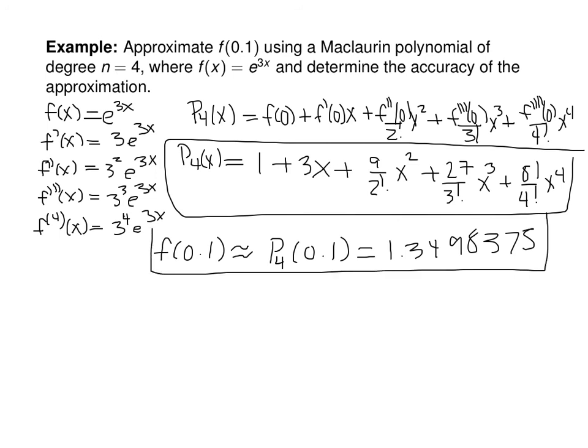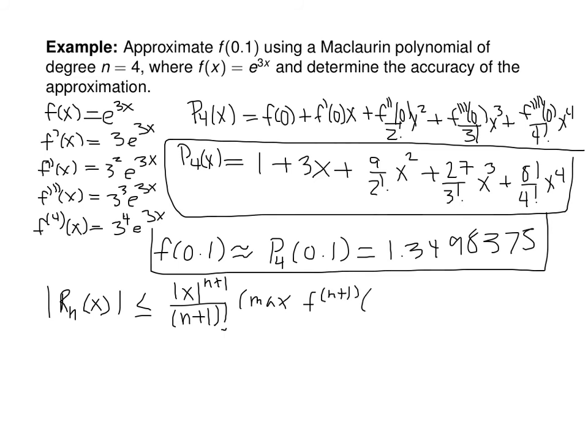Now let's determine the accuracy of the approximation by finding an upper bound for the error. So we know from the previous formula that the remainder of the nth polynomial is less than or equal to the absolute value of x minus c, in this case x minus 0, to the n plus first over n plus 1 factorial, multiplied by the maximum of your n plus first derivative.